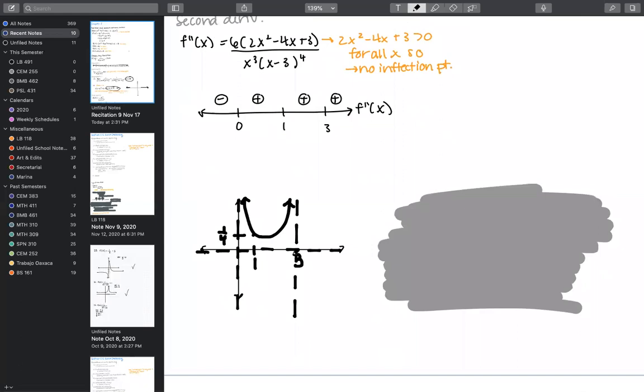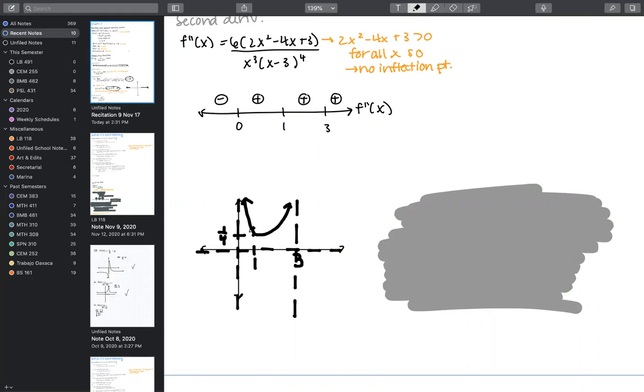I want to point out, if you were to look at this answer in the book, it would not look like this. It would look something like that, I believe. But if you're not the best artist, no big deal. Just label it and say that this is the min.